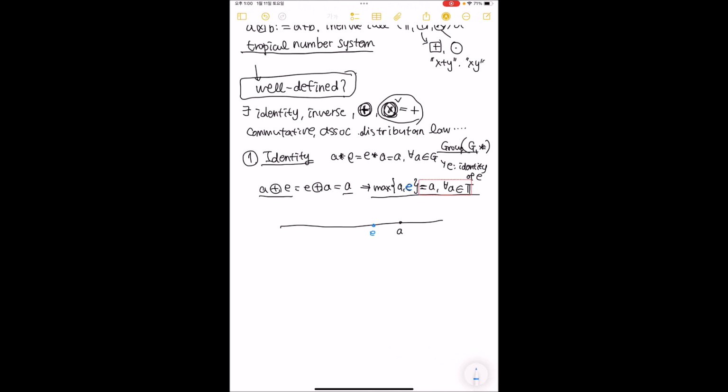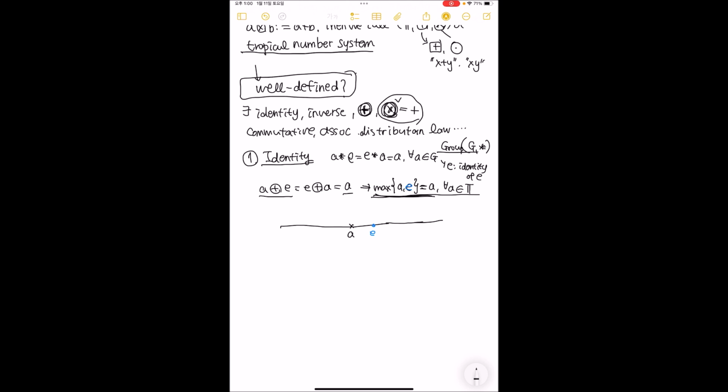Okay, then when comparing A to E, A is the maximum. But note that this must hold for every tropical number. So if A is here, then this part does not hold.